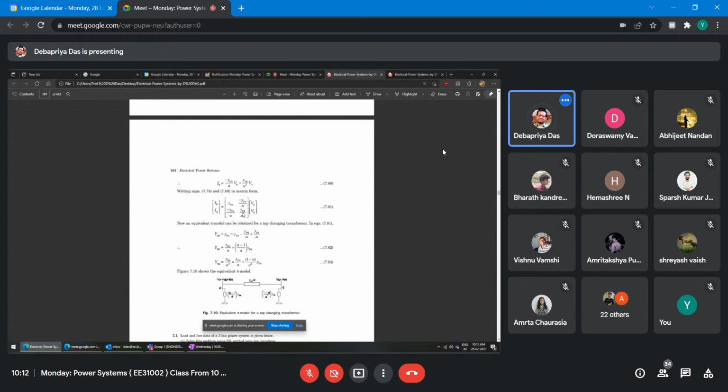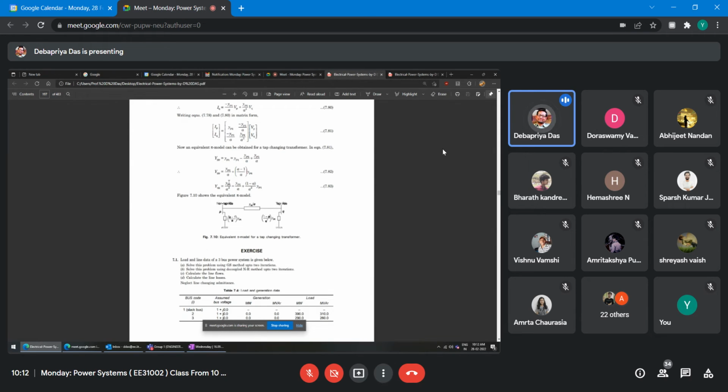Now, we have to represent the pi representation, right? So now YPP, YPQ is there. Look how we are doing it. You add YPQ by A and subtract YPQ by A. That means YPP should be equal to YPQ upon A plus (A minus 1) upon A YPQ, right?